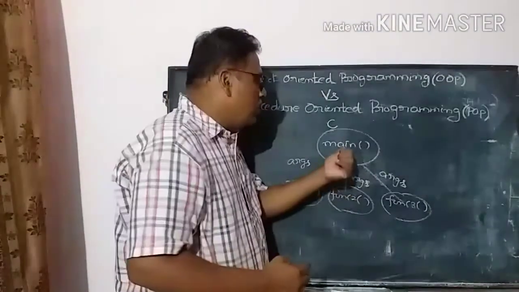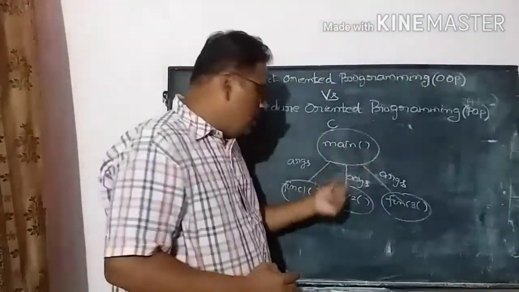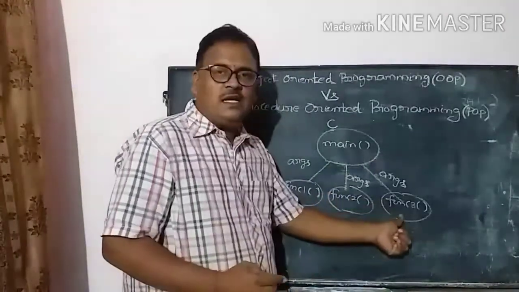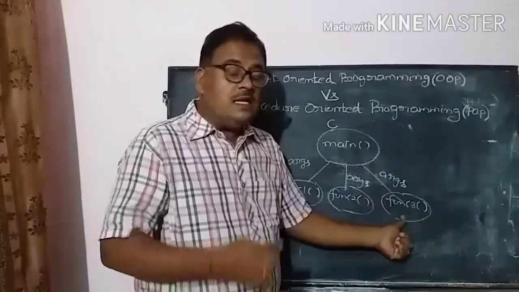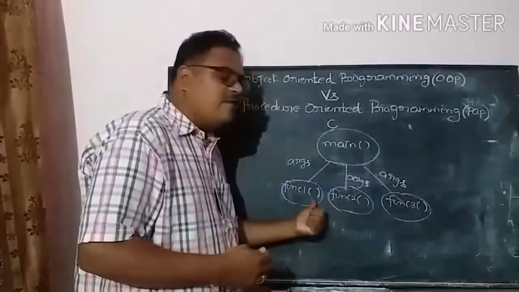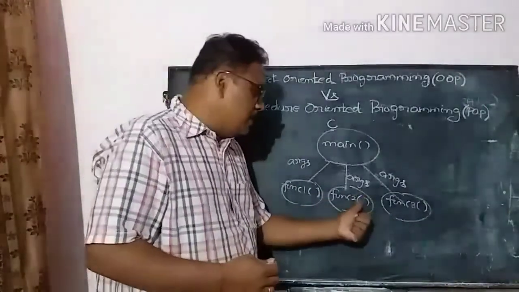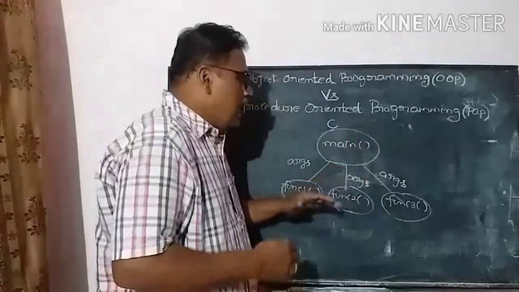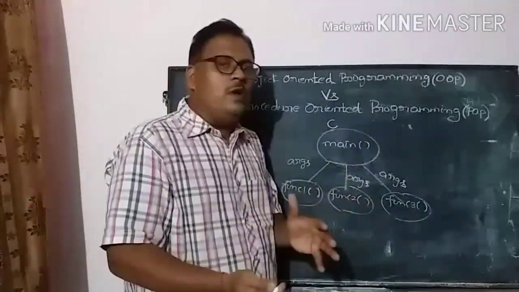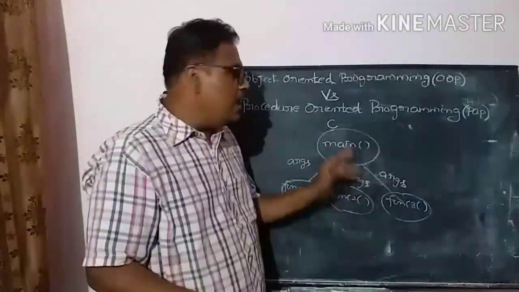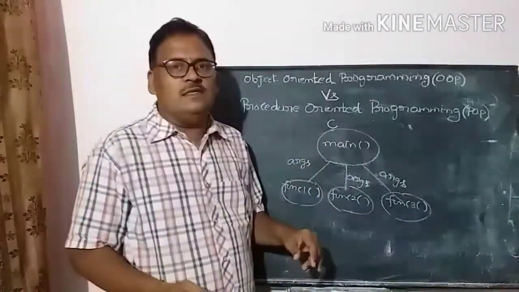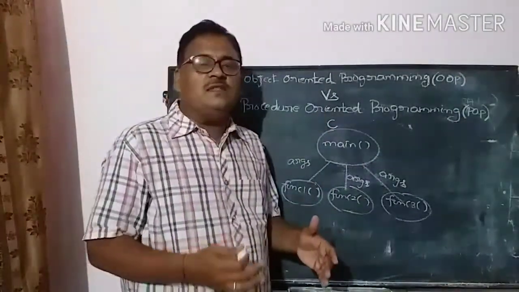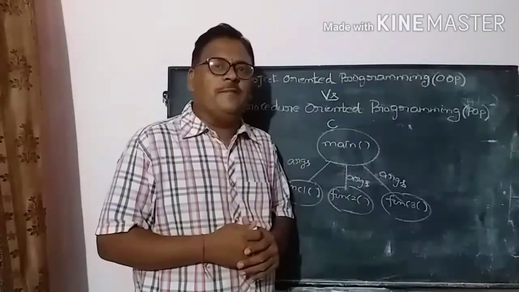The main function is the calling function, and function 1, function 2, function 3 are called functions. In some situations, function 1 may call function 2, and function 2 may call function 3. So data can be easily moved around the functions in procedure oriented programming language. It is also called function oriented programming language.